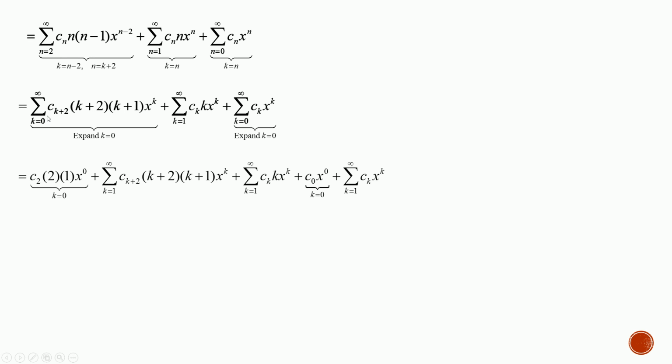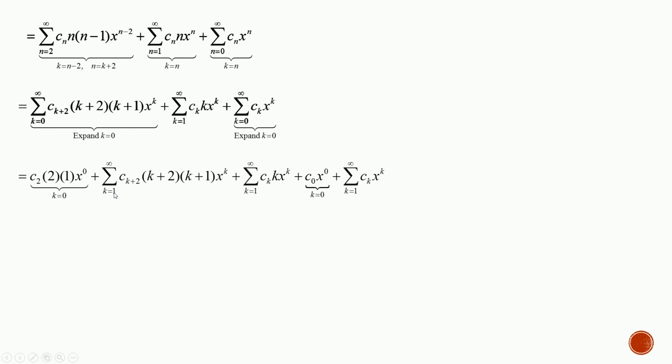So on the first term, when I take out the k equals 0 term, this will become c sub 0 plus 2 is c sub 2. 0 plus 2 is 2. 0 plus 1 is 1. X to the 0. So that's my k equals 0 term. And then I can increase this lower limit to a 1.